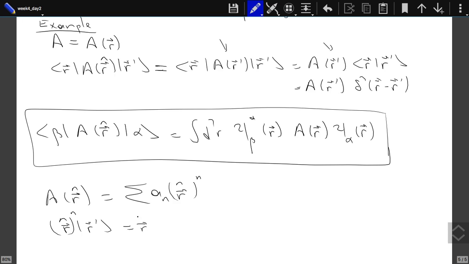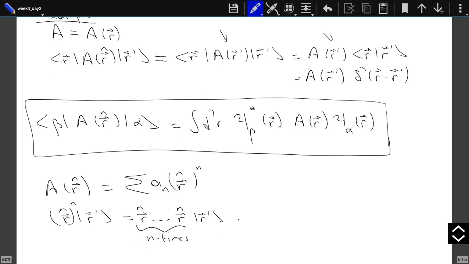Well, I know that this is the operator to the power n acting on r prime. This is equal to the operator to the power n minus 1 times R acting on r prime.